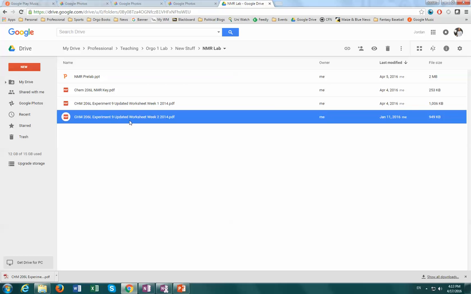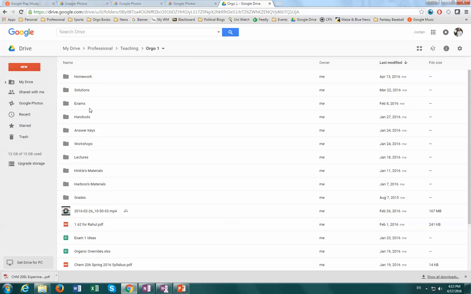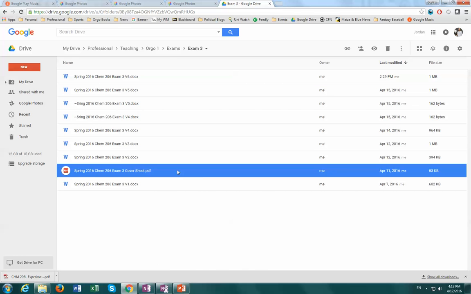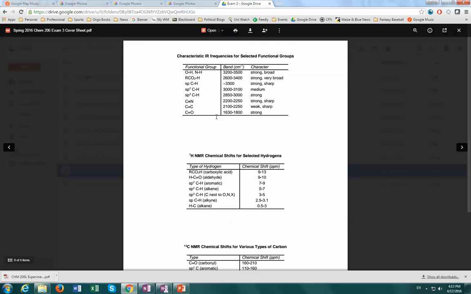All right, so let's remind ourselves, let's go back to our cover sheet, which you will certainly have. And so for a carboxylic acid versus an alcohol, which do you think that's going to be? Because I actually can't see it, so which do you think it corresponds better to?